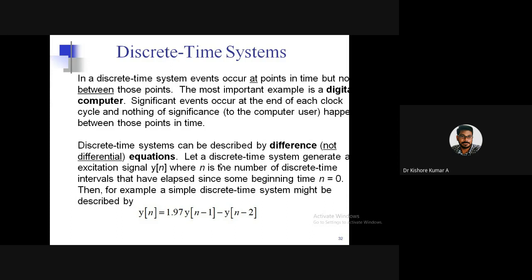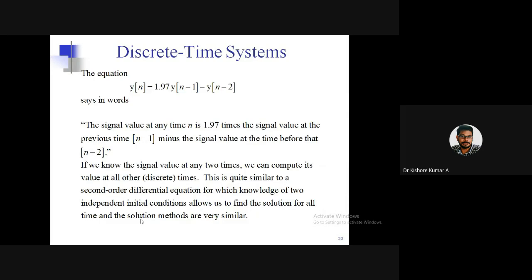Then we can have the example of a simple discrete time system governed by the equation: y of n is equal to 1.97 y of n minus 1 minus y of n minus 2. So the equation says in words, the signal value at any time n is 1.97 times the signal value at the previous time, n minus 1.